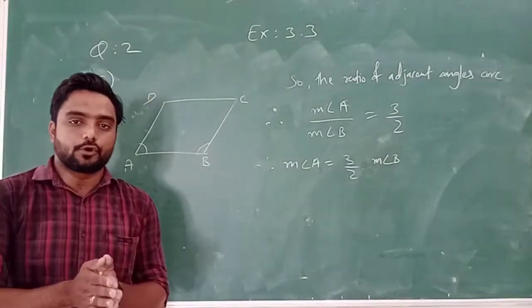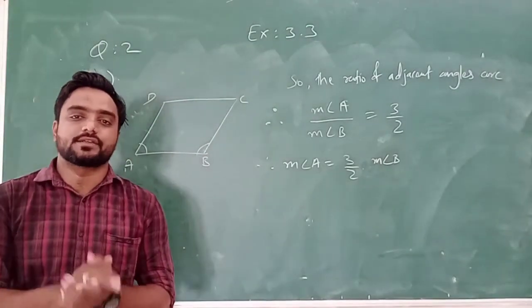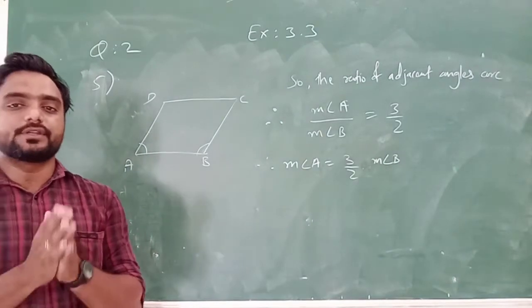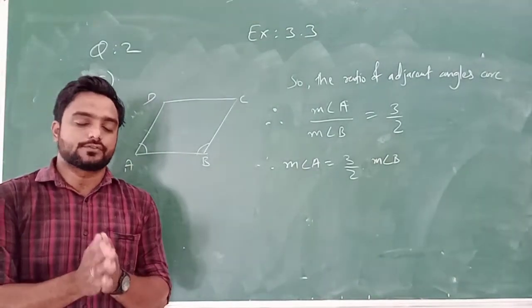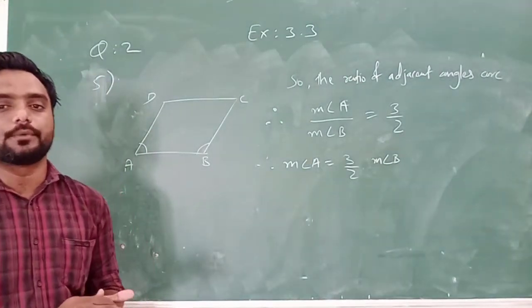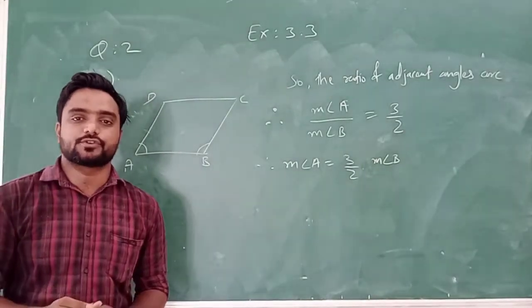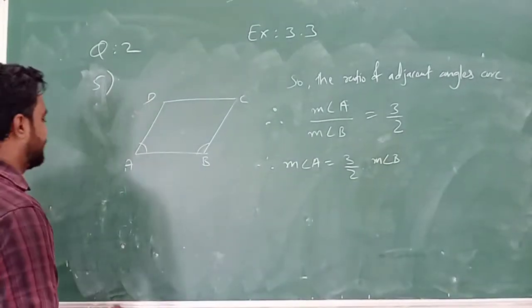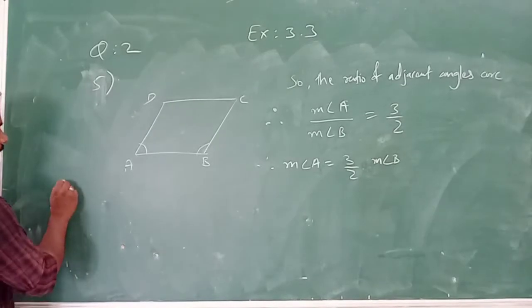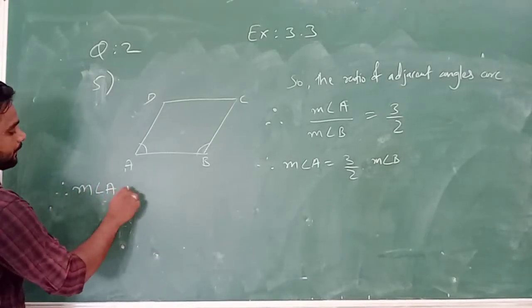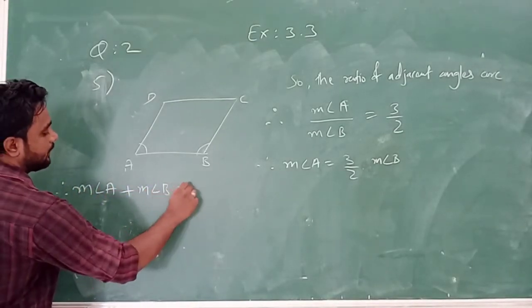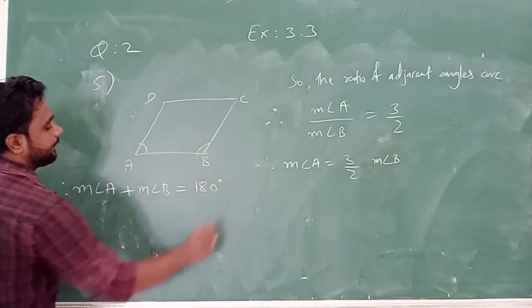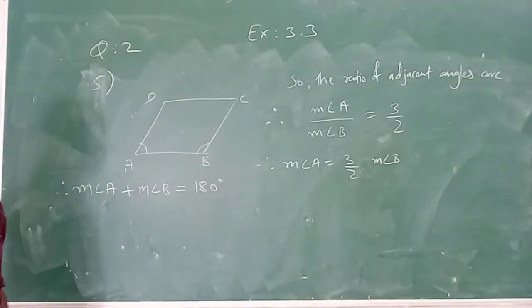According to that property, when you add adjacent angles, what will be the summation of a parallelogram? They are supplementary. That is equal to how much? 180 degrees. So I can write therefore measure angle A plus measure angle B is equal to 180 degrees. Understand or not?